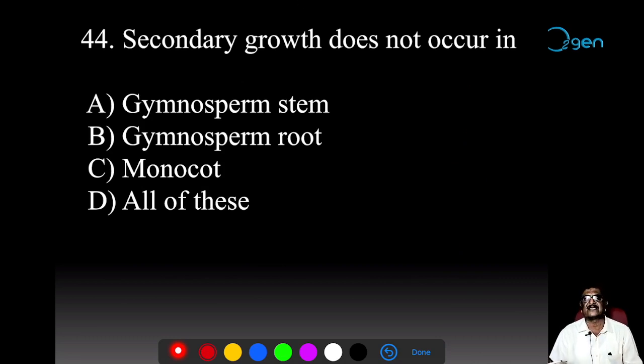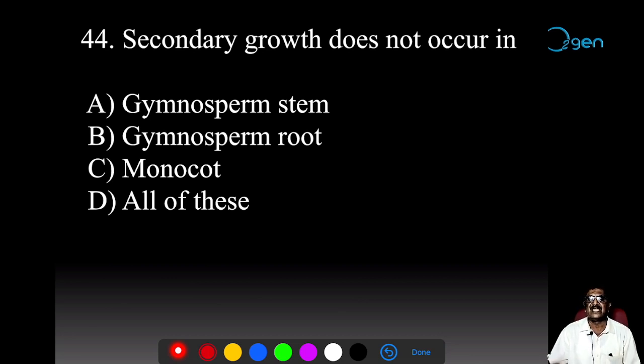Next question is, secondary growth does not occur in. Secondary growth is seen only in dicot stem and dicot root. A few monocot stems show anomalous secondary growth, but true secondary growth is absent in gymnosperms because of absence of cambium.